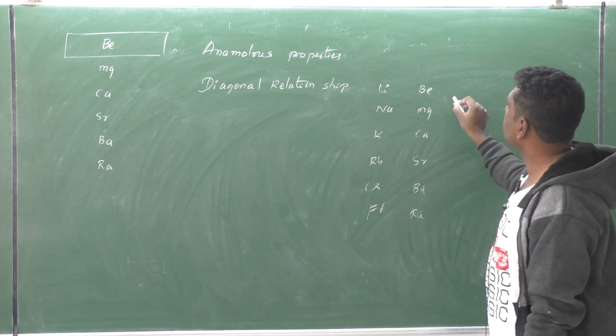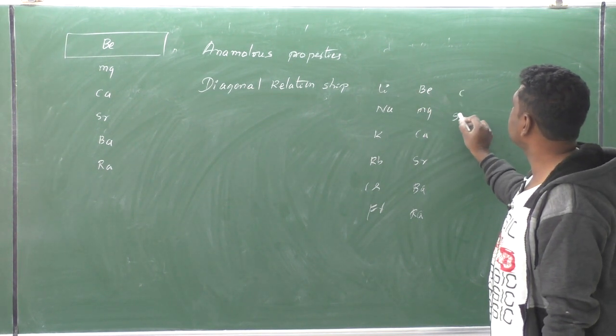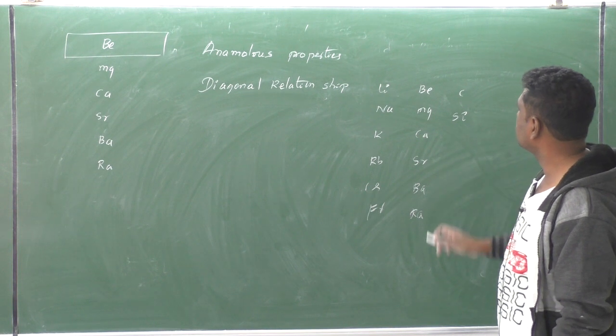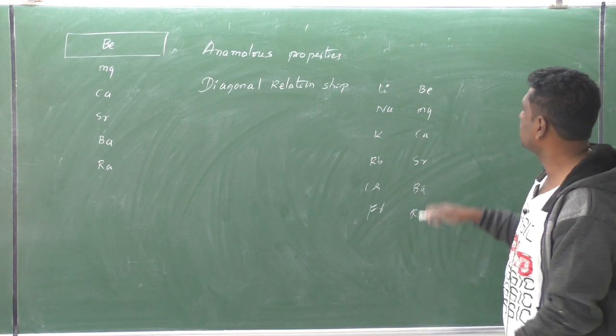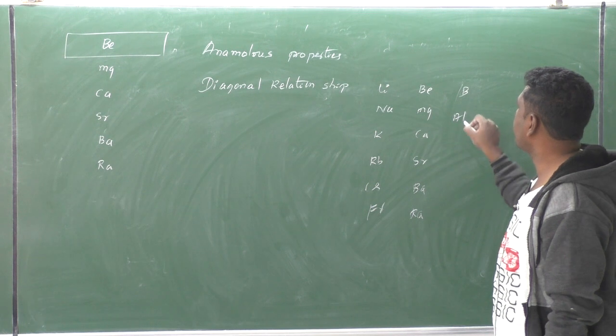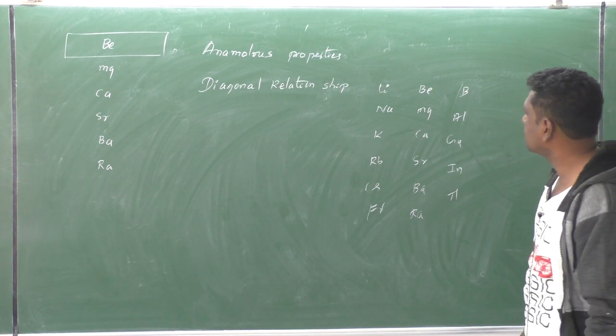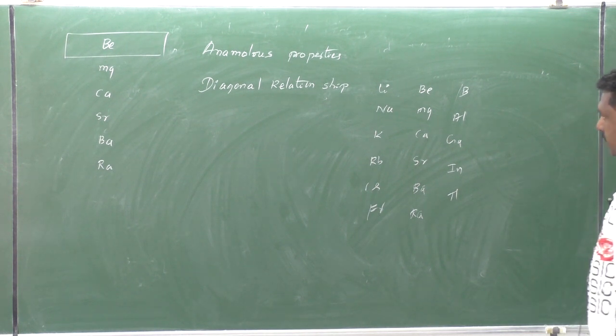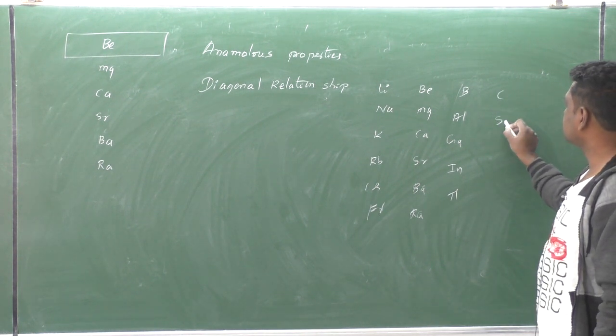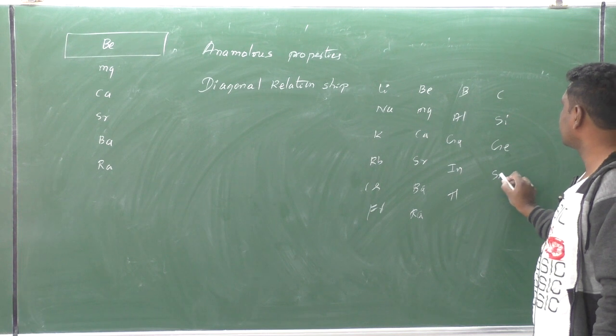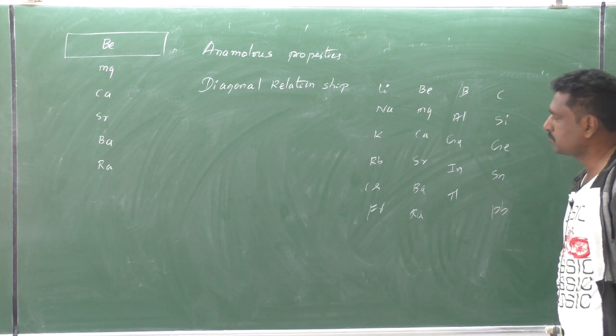Boron, aluminium, gallium, indium, thallium. Next one is carbon, silicon, germanium, tin, lead.